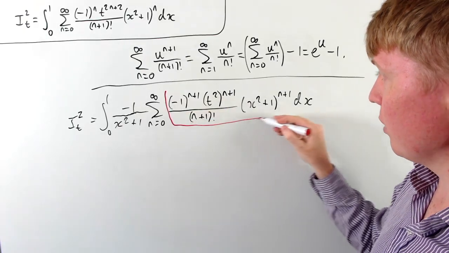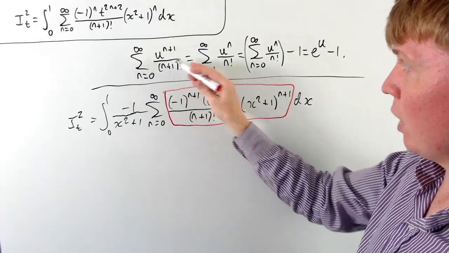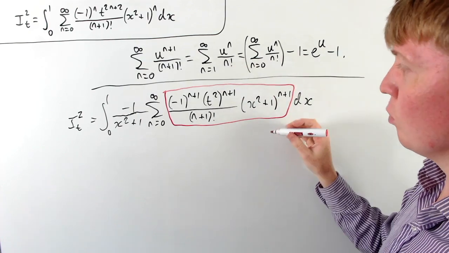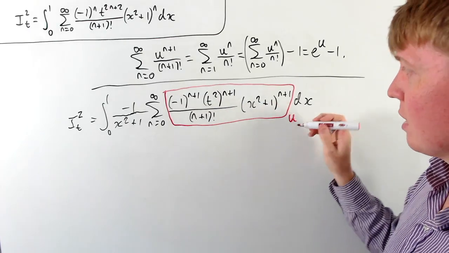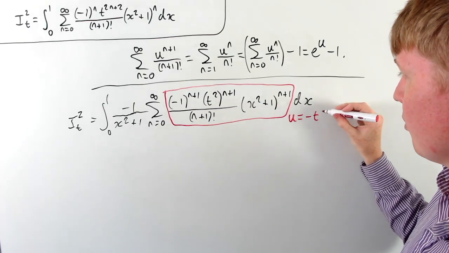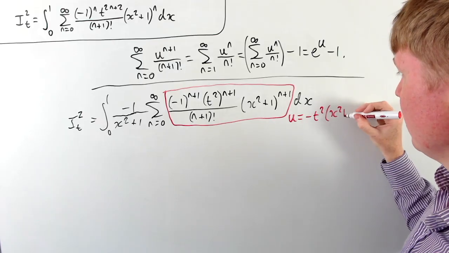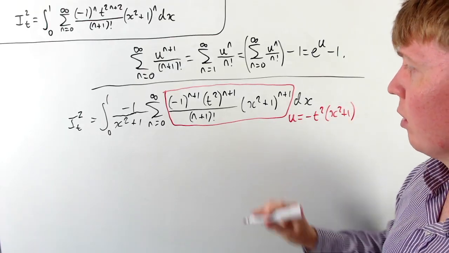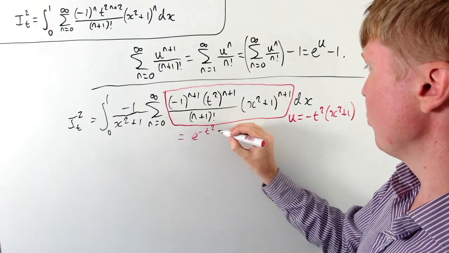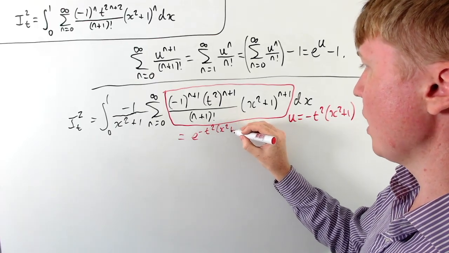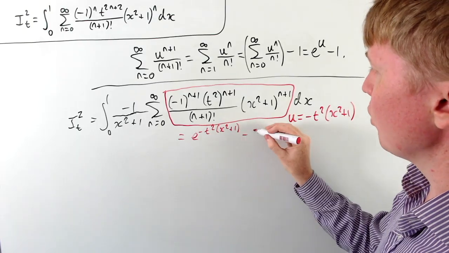And you can see here for this sum, this is now in the right form of what we're looking for, e to the u minus 1, where here our u is negative 1 times t squared times (x squared plus 1), so negative t squared times (x squared plus 1). So this whole expression then just becomes e to the negative t squared times (x squared plus 1), take away 1.